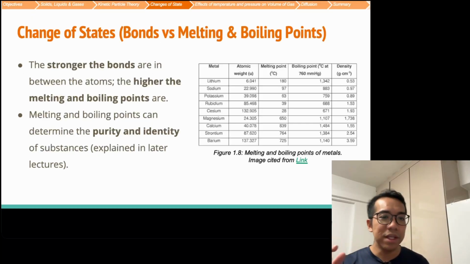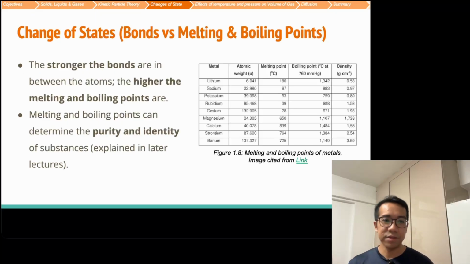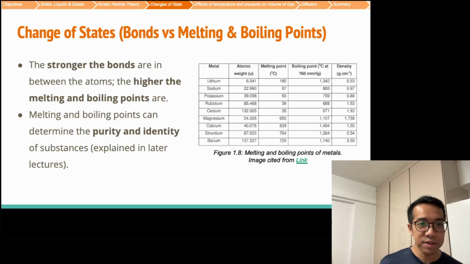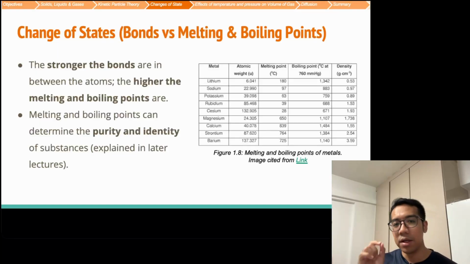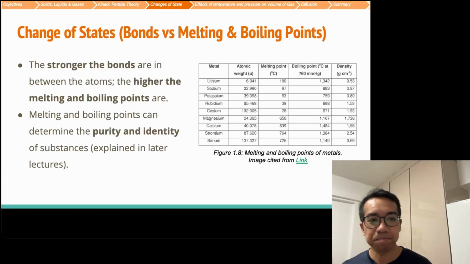Okay, as you can see, this diagram, or this table rather, is rather daunting. Do not be afraid. There's no need for you to memorize this table. It's basically just to show that the stronger the forces between the particles, the higher the melting and boiling points.